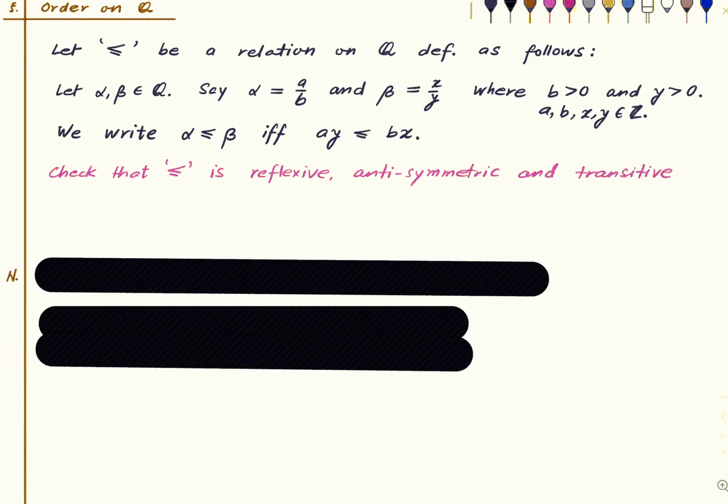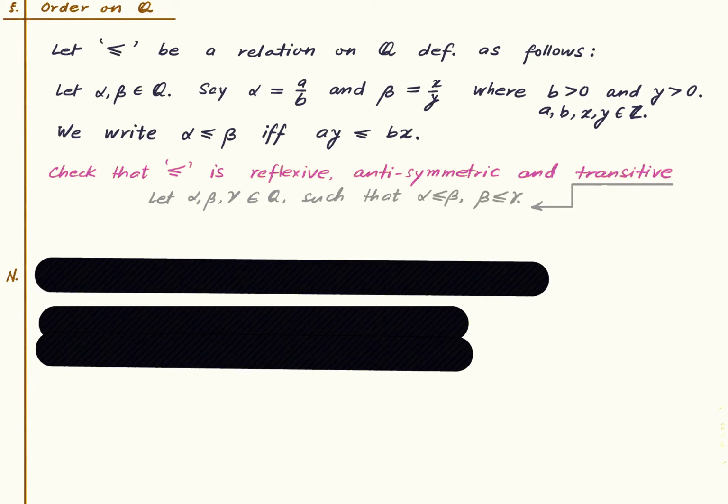Let me say a few words about transitivity. To justify transitivity, let alpha, beta, gamma be rational numbers such that alpha is less than or equal to beta and beta is less than or equal to gamma.